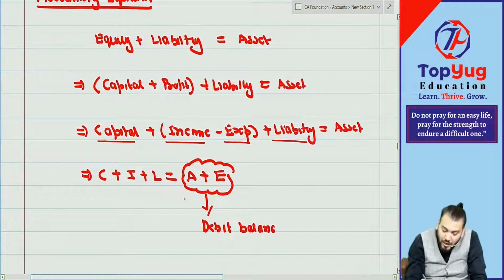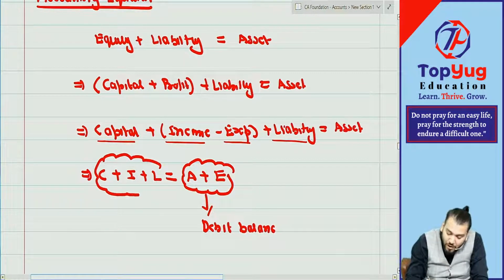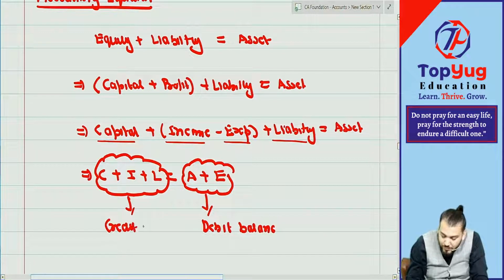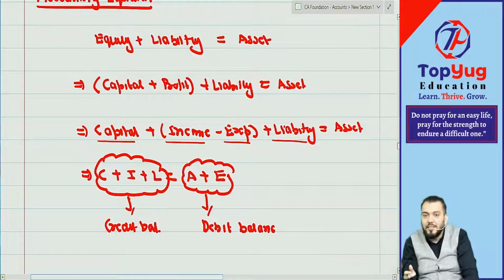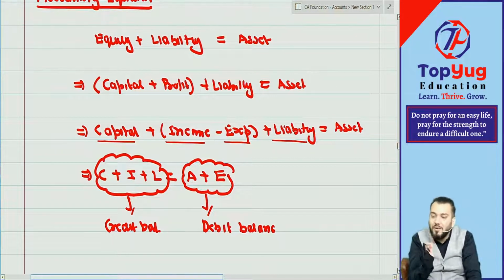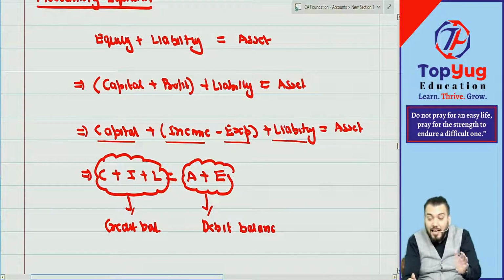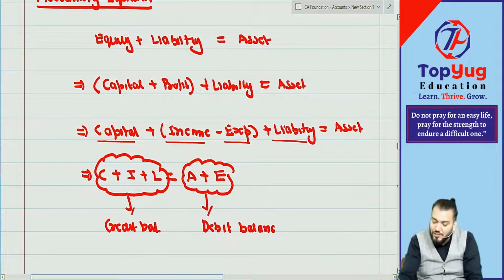Understood? And these will always have what? Credit balance. This is the rule. Means capital, income and liability will always have credit balance, and asset and expense will always have debit balance. This is a simple rule.